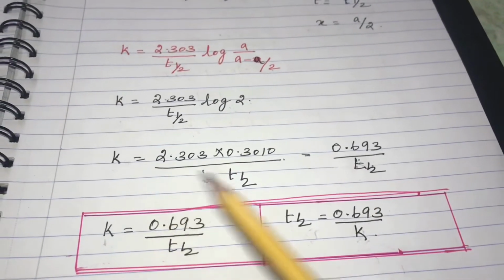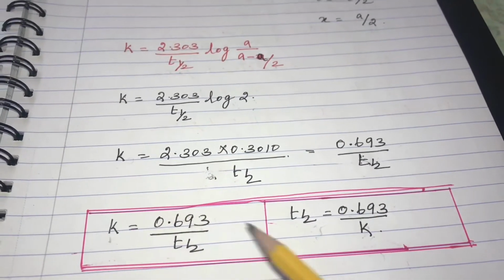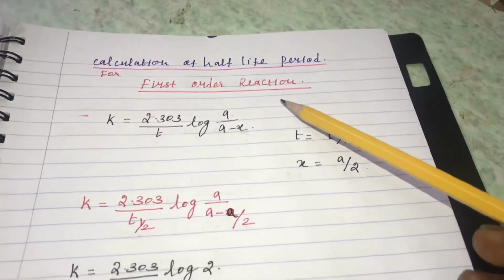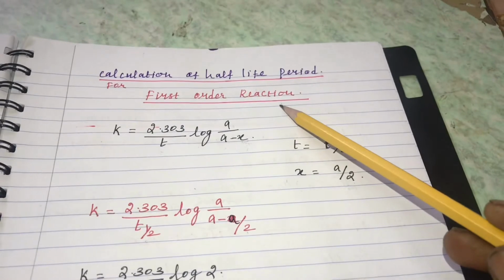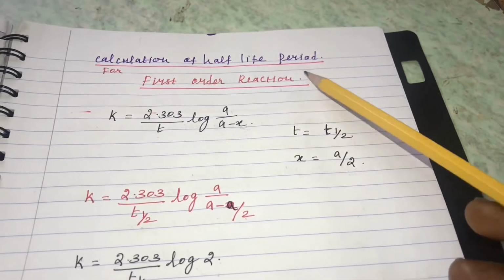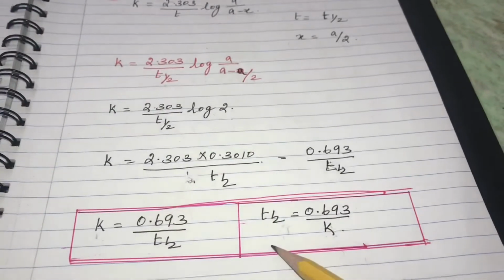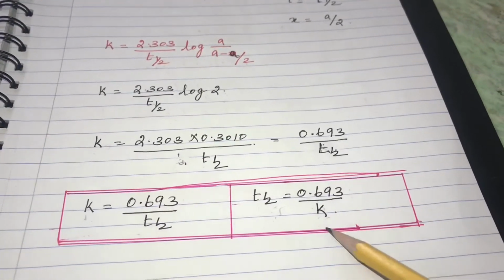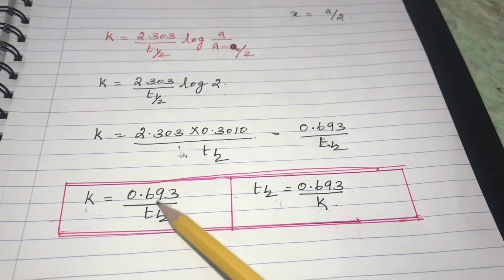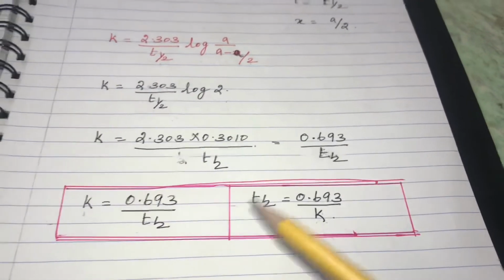So, by using this equation both T half and K can be calculated. This derivation explains how to calculate the half-life period of first order reaction from rate constant value. T half is equal to 0.693 divided by K, or K is equal to 0.693 divided by T half.